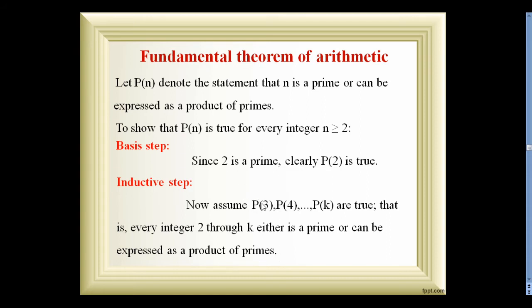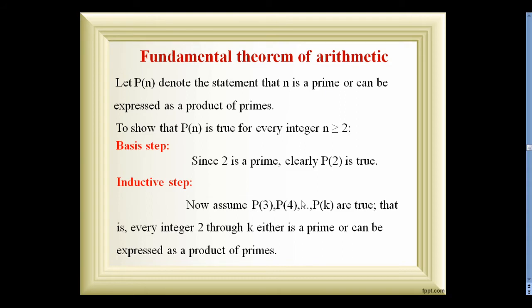For example, 3 itself is a prime, so it is true. Now for 4, we can write 2 into 2. 2 is a prime, so 4 can be expressed as a product of primes, 2 into 2.